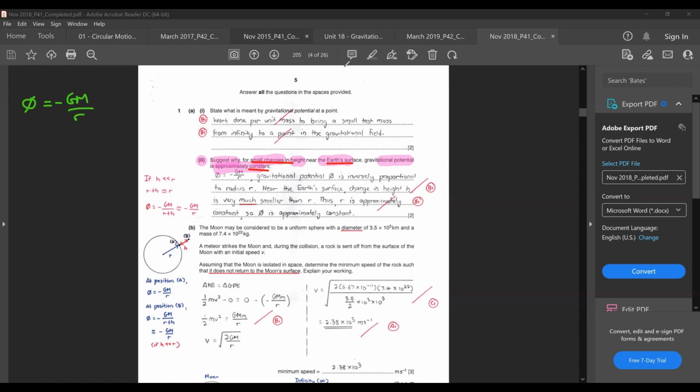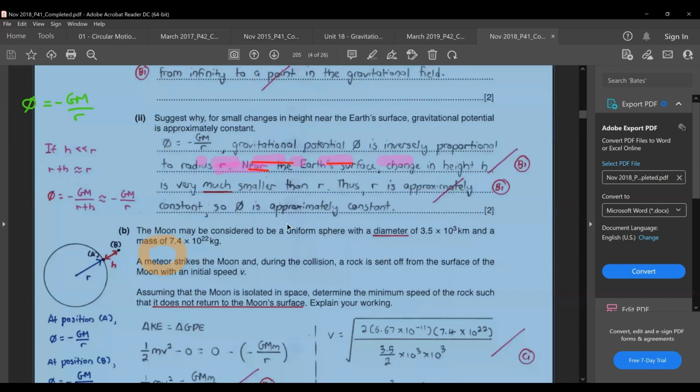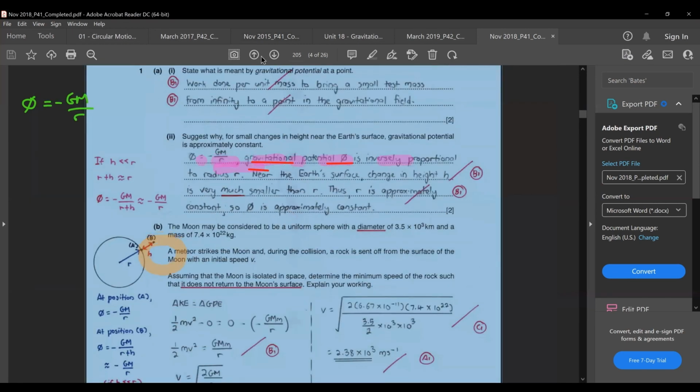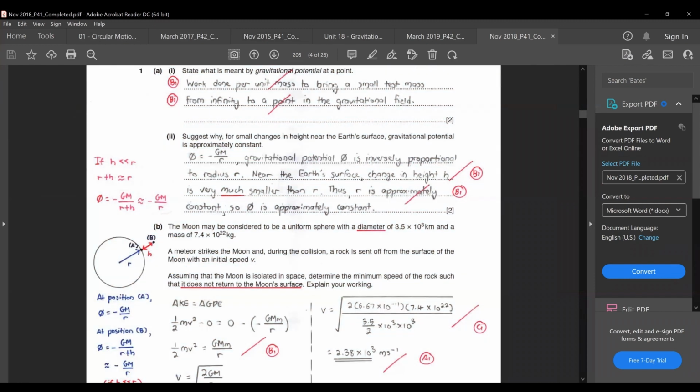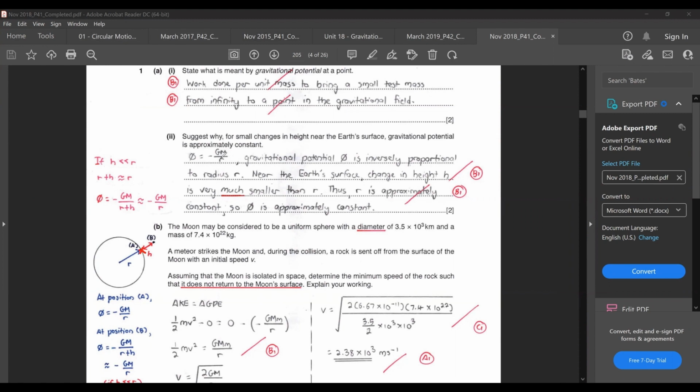So let's consider a planet like what we have drawn here. This is a planet. If you're talking about the surface of the planet, maybe I zoom in. Right over here, let's assume that your center-to-center distance is going to be R between the center of your planet and the surface that you're considering.